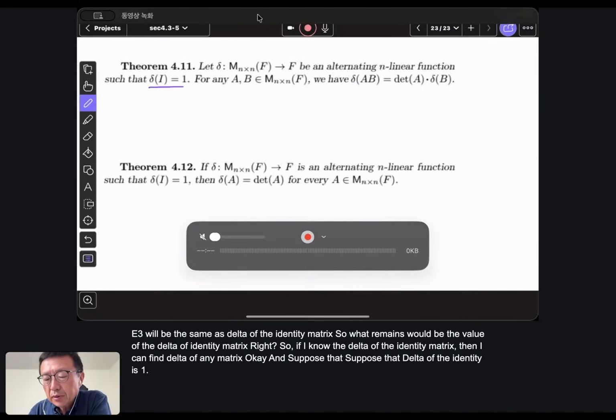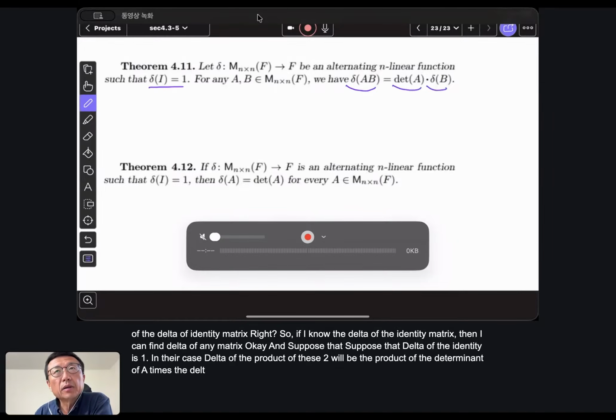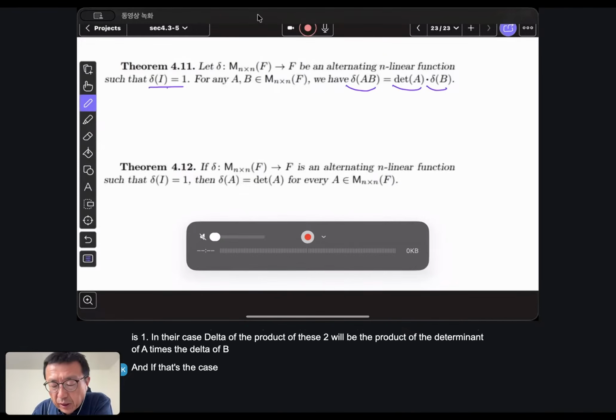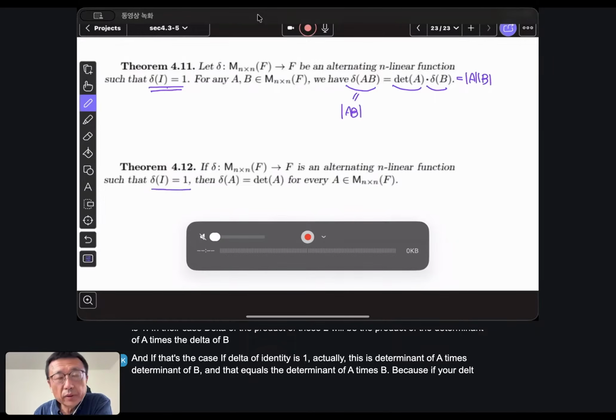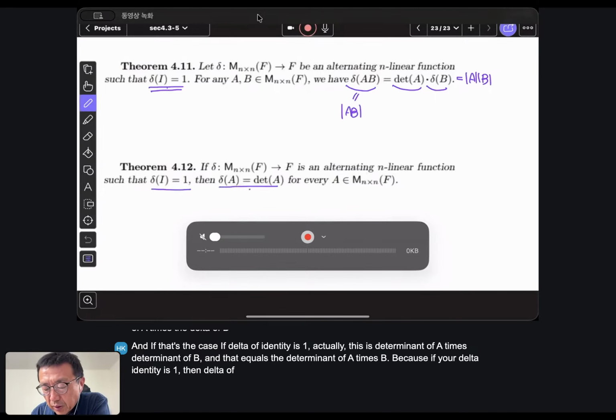In that case, delta of the product of these two will be the delta of A times the delta of B. And if delta of identity is 1, actually this is the determinant of A times the determinant of B, and that equals the determinant of A times B. Because if your delta of identity is 1, then delta of A must be the determinant of A. The point is this, okay?